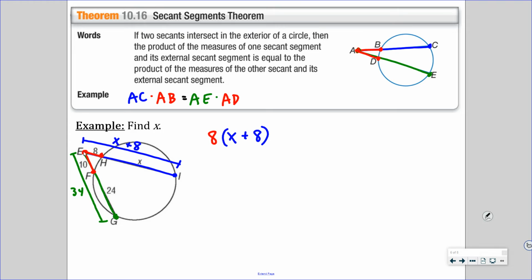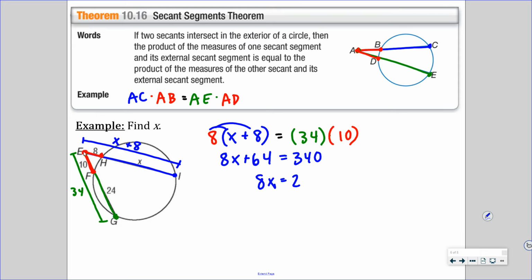That product is the same as the other secant piece. So the entire secant length, 34, times the external piece of 10. Everybody understand where I'm getting these numbers? The whole piece times the external piece is the same as the whole piece times the external piece. All right, let's quickly solve this. That's all I need to find was x.